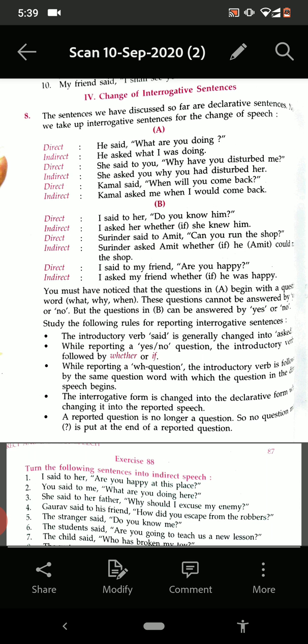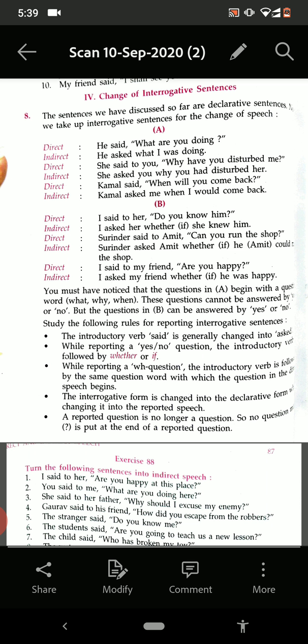See, on number 8, what is written here? The sentences we have discussed so far are declarative sentences. Now we take up interrogative sentences for the change of the speech, means how to change an interrogative sentence of direct speech into indirect speech.